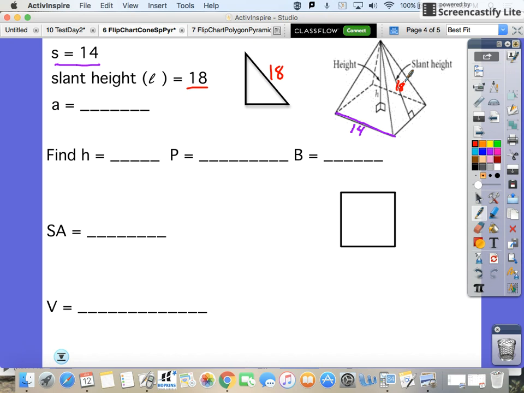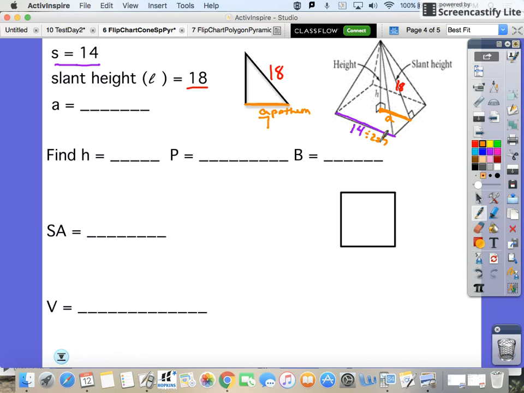And we need to find this value right here. Now this is from the middle to the edge, which we used to call A, the apothem. Well, the apothem, if the full distance is 14, halfway would be 7 then. So our apothem is 7.